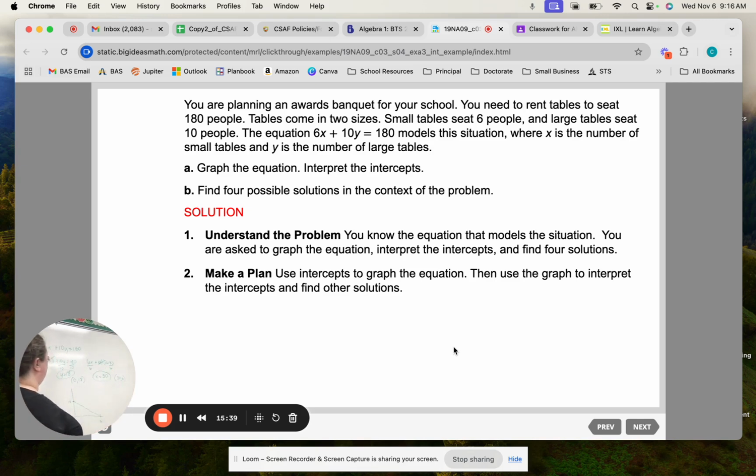Now I could take my original equation and say, well, I'm going to get 10 of these tables and solve for y. So let's say I get 10 of these: 6 times 10 plus 10y equals 180. So this would be 60.